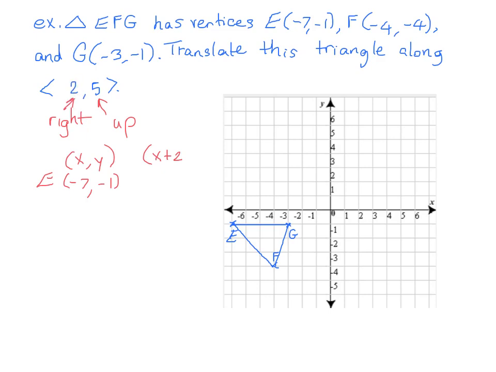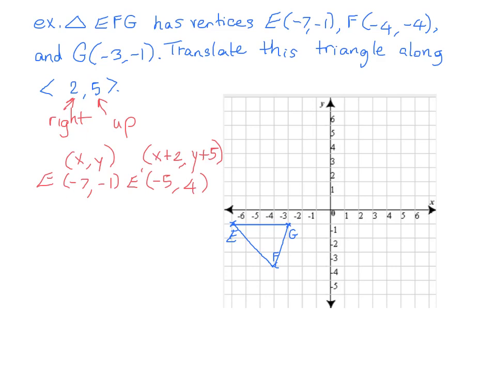And we're going to have y plus 5, and that's coming from our y vector coordinate right here. So we're adding the 2, we're adding the 5. And then that's what's going to give us our E prime. So E prime is going to be -7 plus 2, which is -5, and -1 plus 5, which is 4.